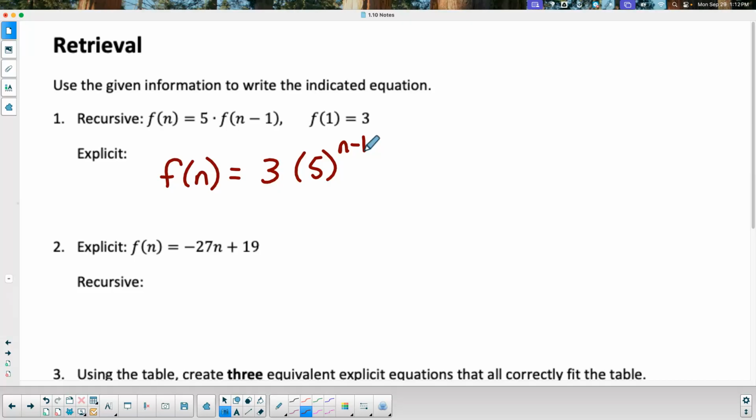The variable n is not in the exponent. Okay? That is how you tell the difference. In a geometric, the variable is going to be up in the exponent. In an arithmetic, it's just going to be down with the normal numbers. Okay? So, what else do we know? We know now that it's arithmetic and not geometric. What else do we know?